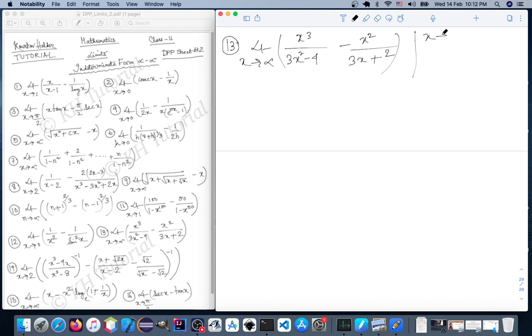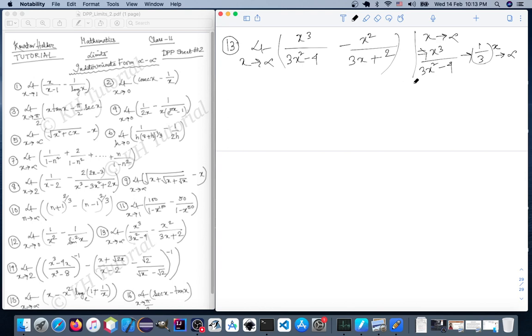So x tending to infinity implies x cube by 3x square minus 4 will tend to, the coefficient of x cube is 1 and the coefficient of the highest power of x in the denominator is 3, so this will tend to x by 3, and since x is tending to infinity, this will also tend to infinity.